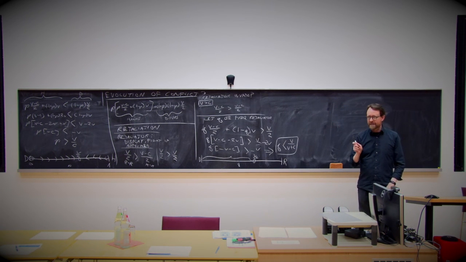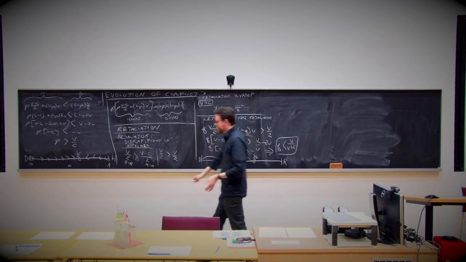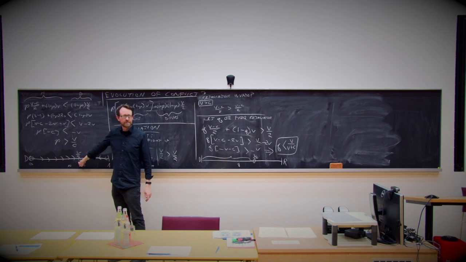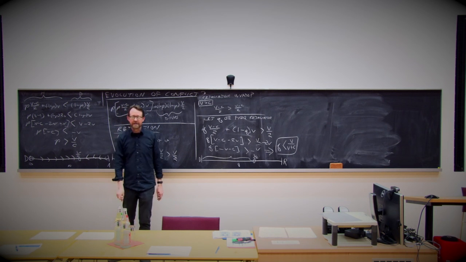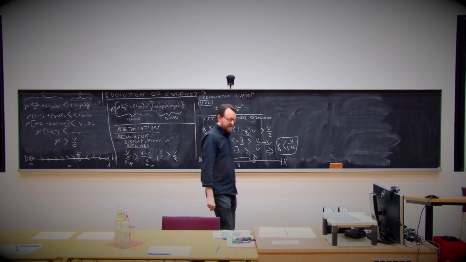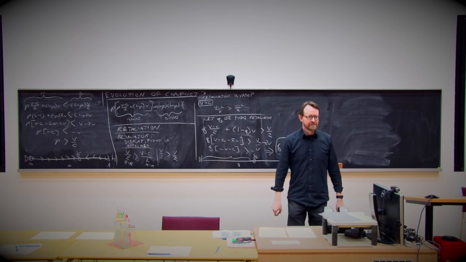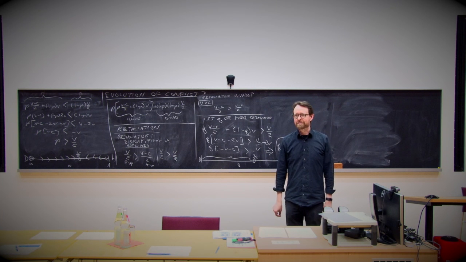Because when V is less than C, the first Retaliator isn't going to face a world of all Hawks. It's going to face a world with V over C Hawks, and 1 minus V over C Doves. Why V over C Hawks? Because we're here. So that's the point it needs to invade. And I show you in the notes that it cannot do that. It cannot invade that mixed equilibrium. There's proof in the notes.